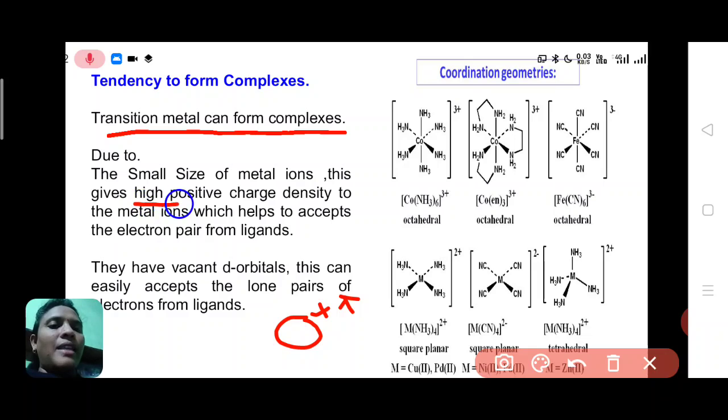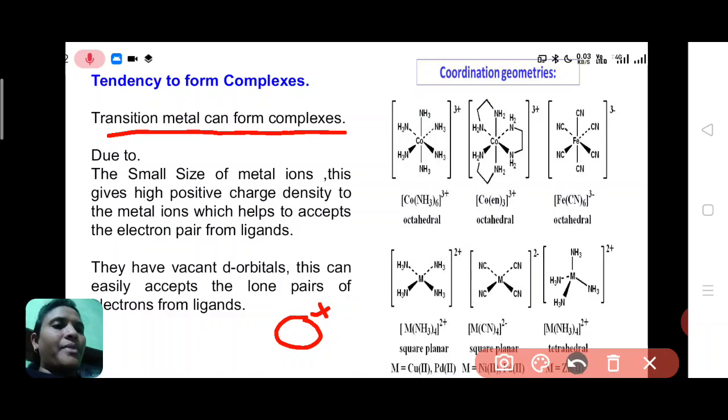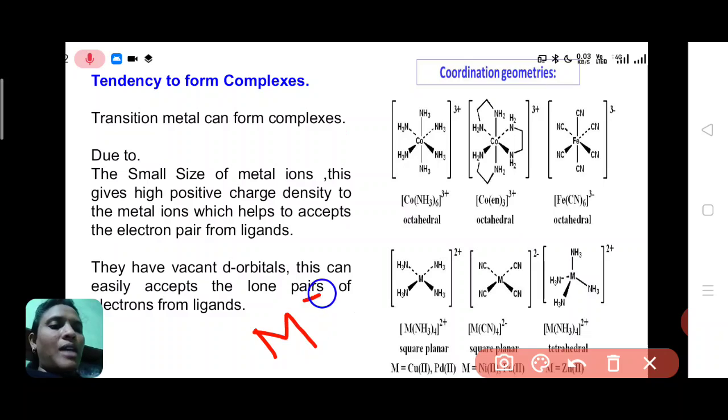Due to the increase in charge density, this metal ion can easily accept electrons from these ligands. Ligands are nothing but electron donors. Due to the high positive charge on the metal ion, the ligand can easily donate electrons to these small size cations, that is, metal ions.